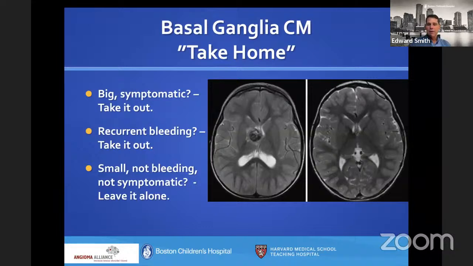If they're bleeding repeatedly and you have a surgical corridor, you should take them out. But if they're small, if they're not bleeding and they're not symptomatic, we will typically leave them alone. And this is one of the areas that's growing a little bit with questions around lasers, LITT and focused ultrasound, not just for basal ganglia, but a lot of deep lesions. And this is an area in evolution right now.